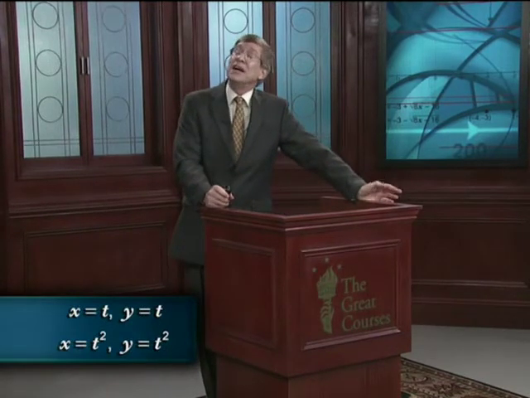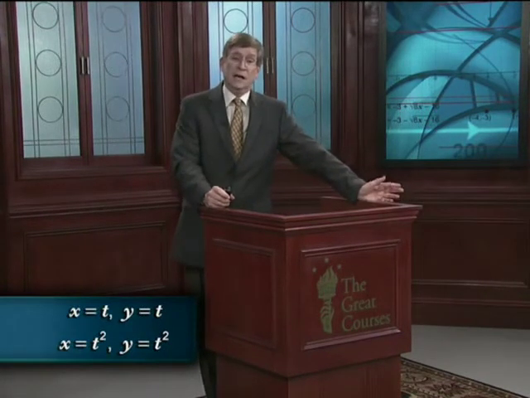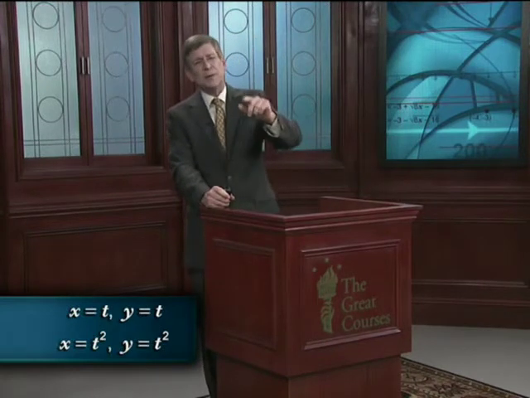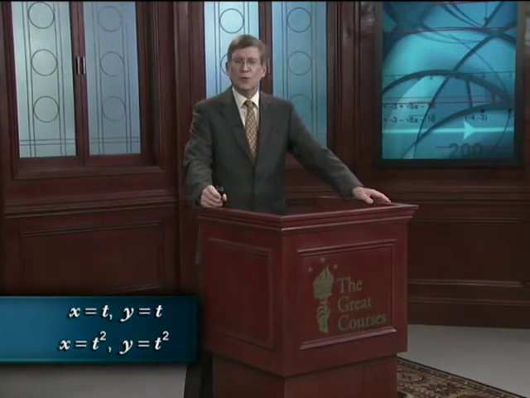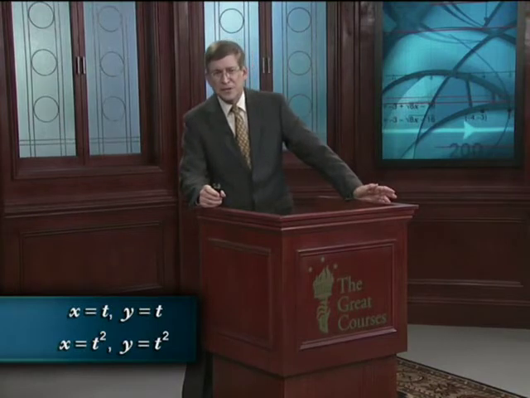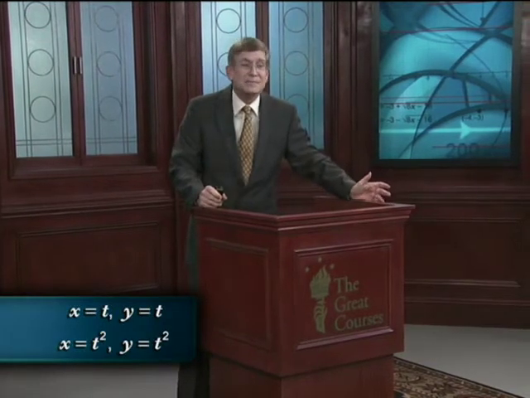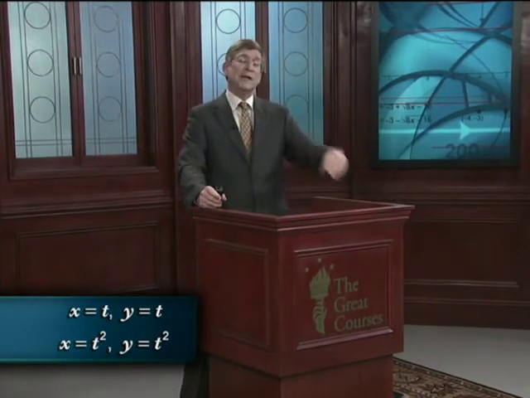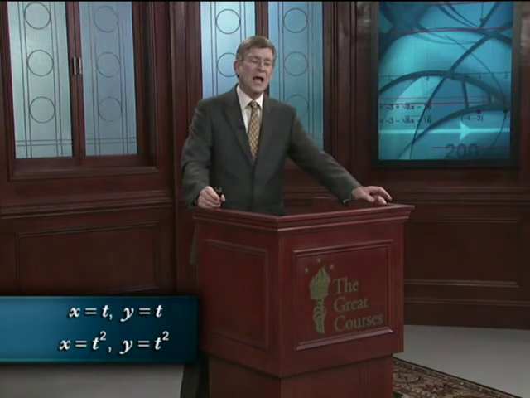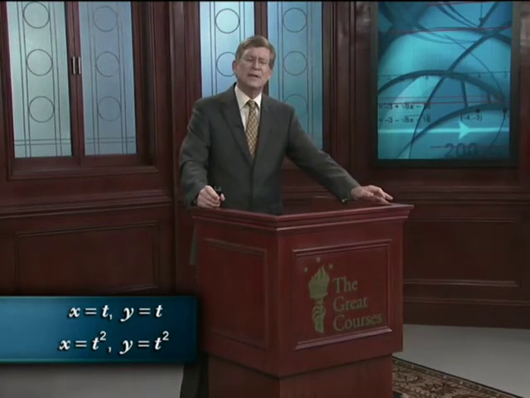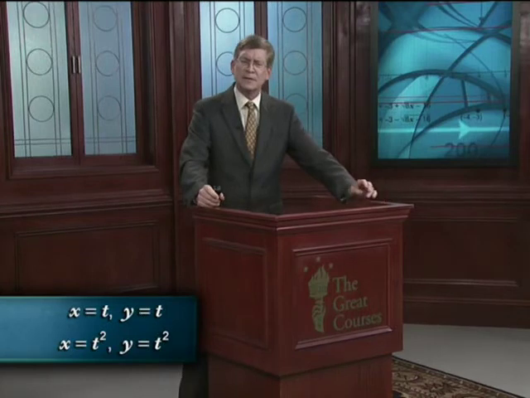Hey, that's a straight line, y equals x. I know that line. Well, eliminate the parameter in the second one. What do you get? You eliminate the t squared, you get x equals y. That's a straight line. That's the same straight line as the first one.